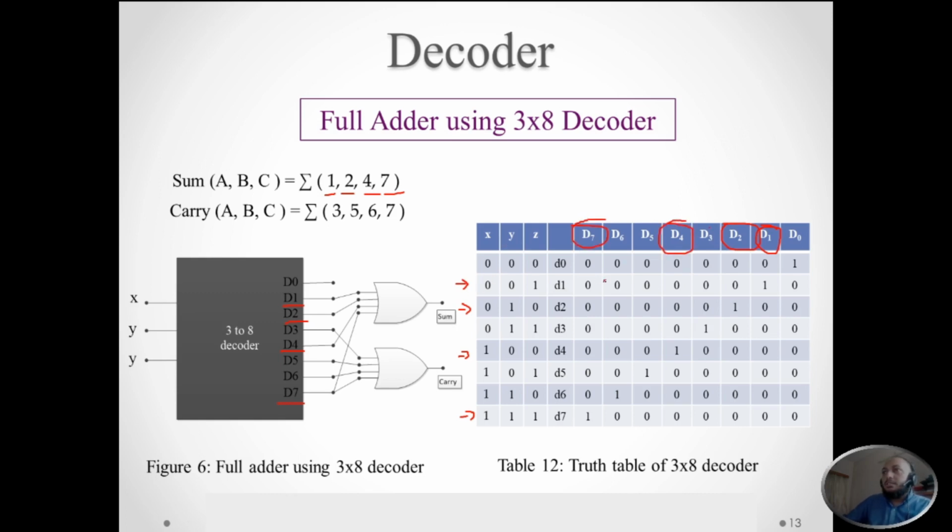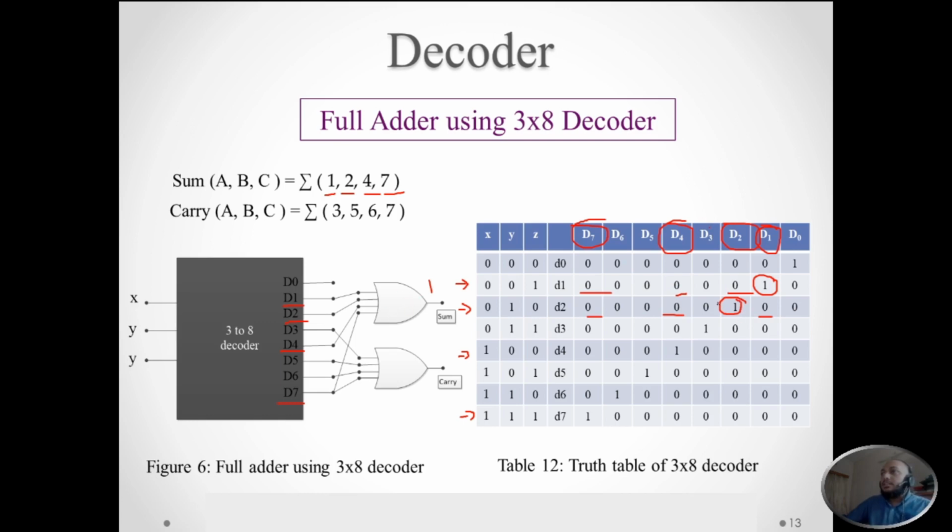For this pattern we get D7 0, D4 0, D2 0, but D1 1. So the output of this OR gate will be 1, because one of the inputs of the OR gate is 1. For this pattern D2 is 1, but all the other outputs are 0, and these outputs are the inputs for the OR gate.